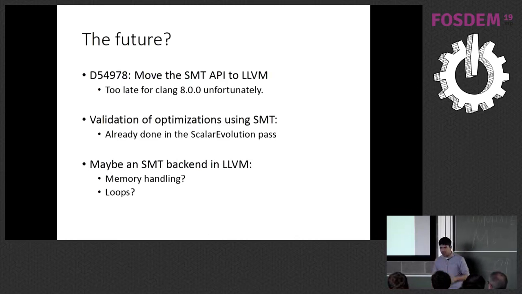The first one is that there are people already using it to validate transformation passes in the LLVM backend. In this case, Alive generates formulas for the original bitcode and the optimized one, and tries to validate if the transformations are actually real, if they hold.